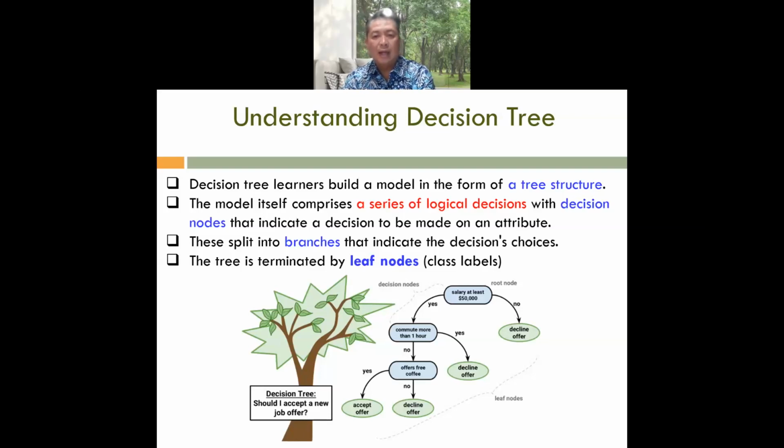The aim is to have all the sub-partitions or groups be in the same class, to have the same labels. So decision tree learner builds a model in the form of a tree. For example, we have a tree below here.